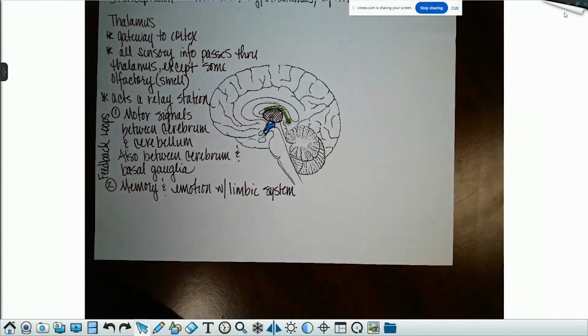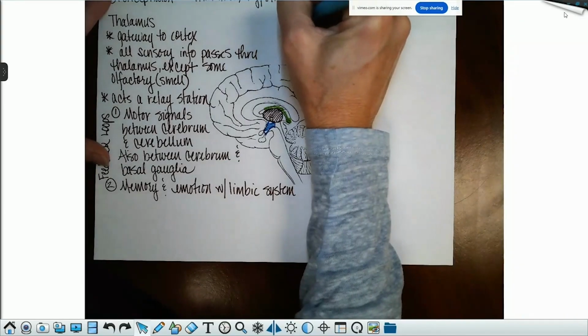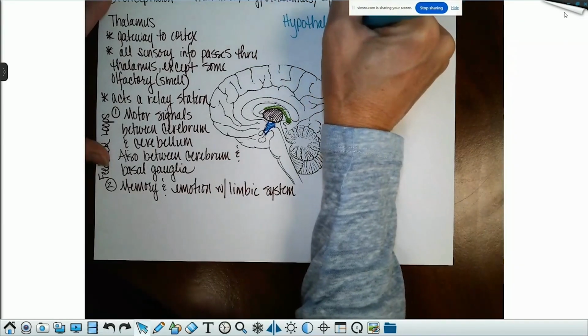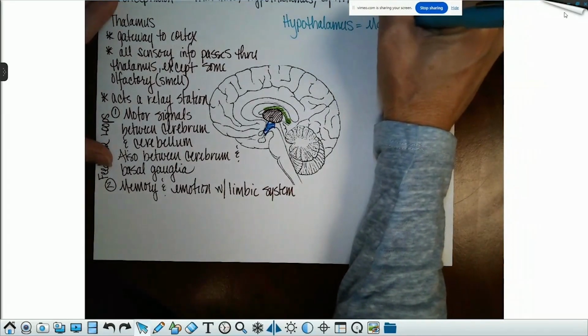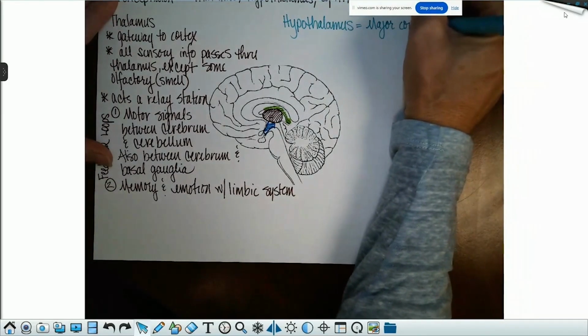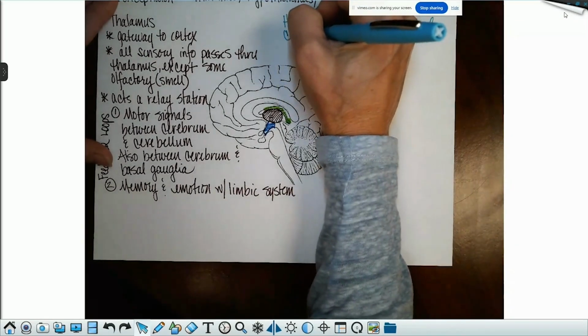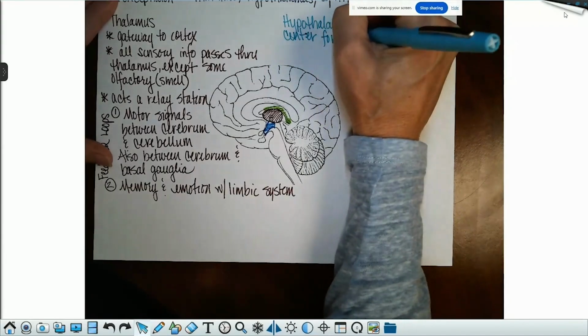All right, now let's look at the hypothalamus. Hypothalamus is a primitive structure of the brain and a major control center for endocrine function.